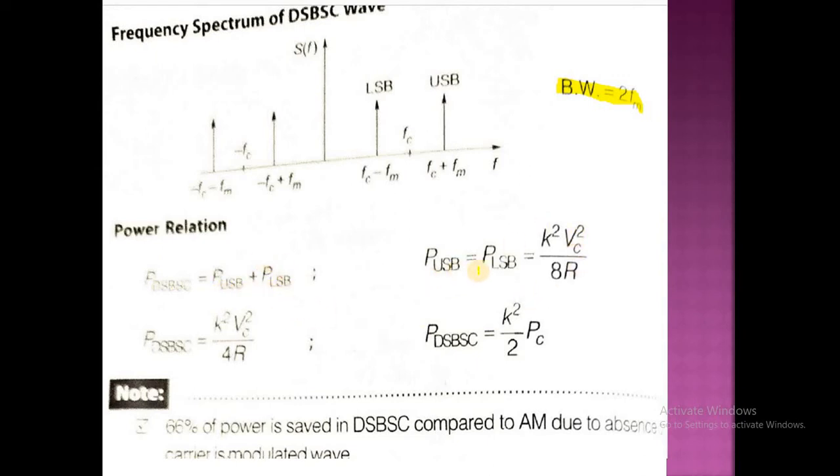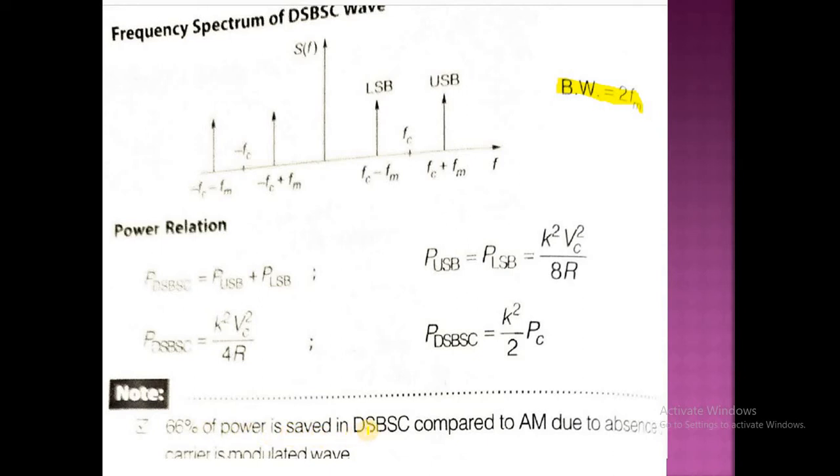Upper sideband power and lower sideband power equal K square Vc square by 8R each. So the total power in DSB-SC is K square Vc square by 4R. It can also be written as K square by 2 into Pc.